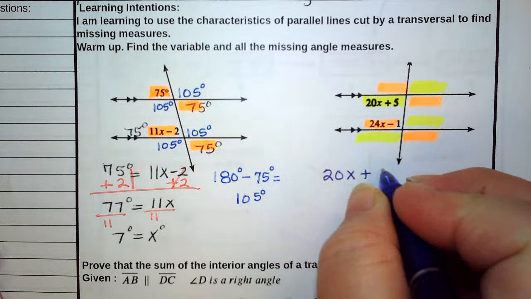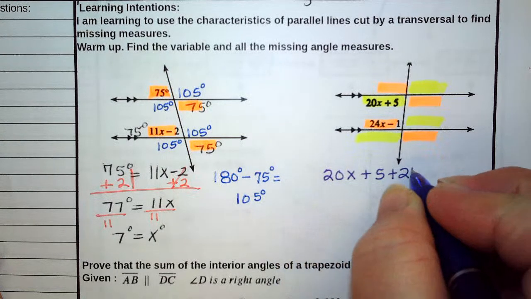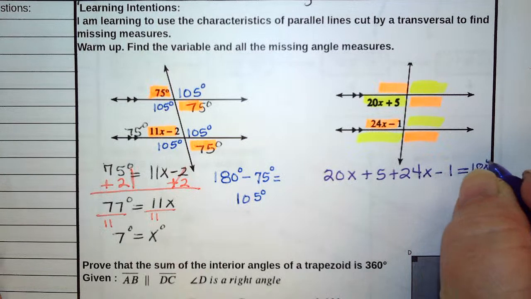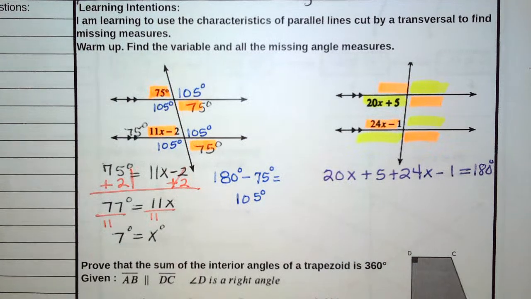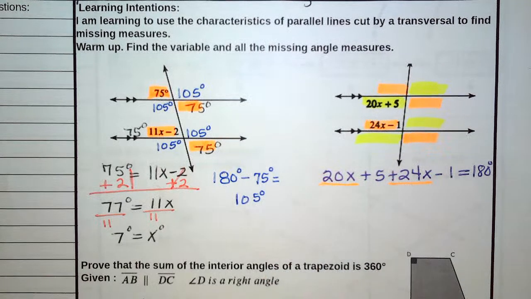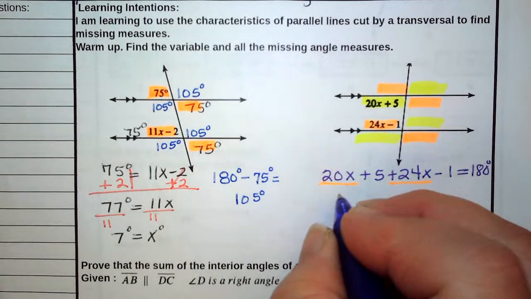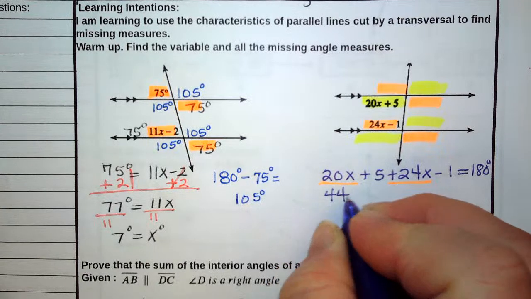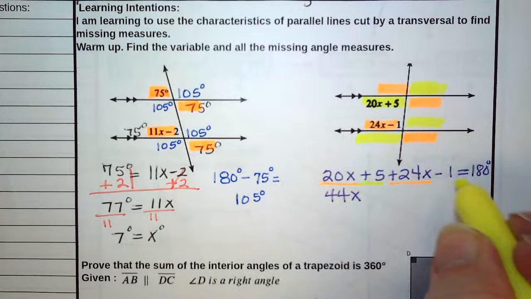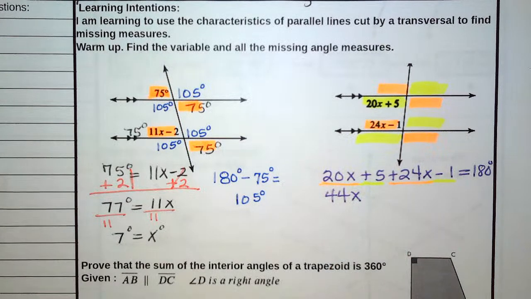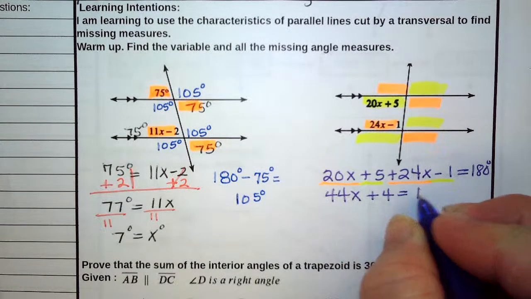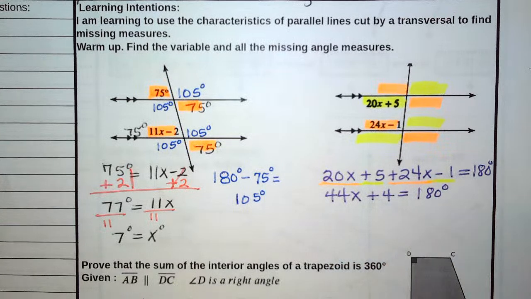20x plus 5 plus 24x minus 1 is equal to 180 degrees. Combine your like terms. 20x plus 24x. 20 plus 24 is 44. 44x. We've got 5 minus 1. 5 minus 1 is 4. 44x plus 4 is equal to 180 degrees.